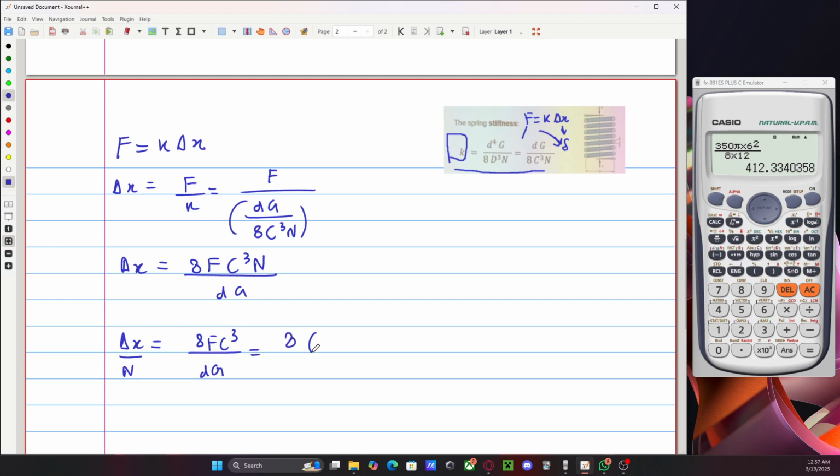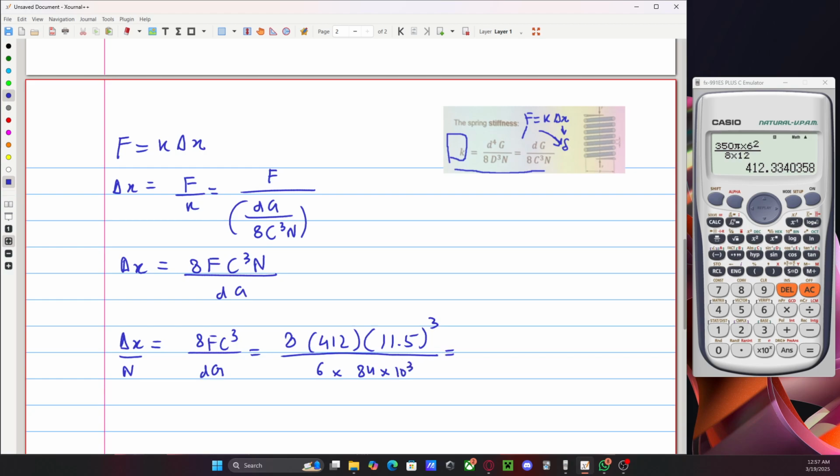So 8 times our force, which we found out is 412, times c cubed, which is, I believe, what's our c again? It was 11.5. 11.5 cubed over small d, which is 6, and our G is 84 kilonewtons per millimeter squared. So this would be 84, and we times by 10 to the power 3.